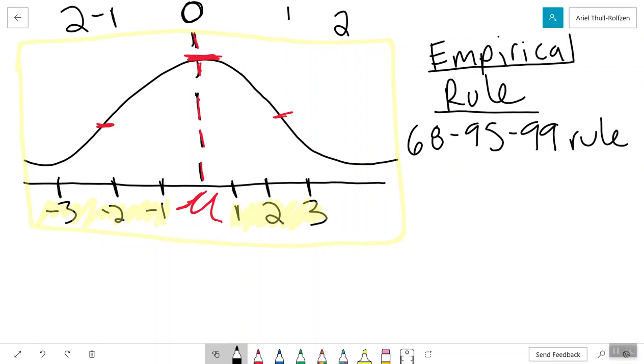Bear with me, I know this is getting a little confusing, but we're going to clear it up real fast.